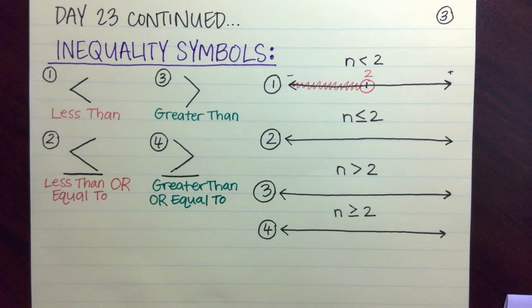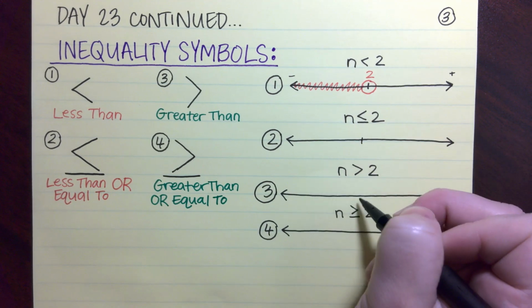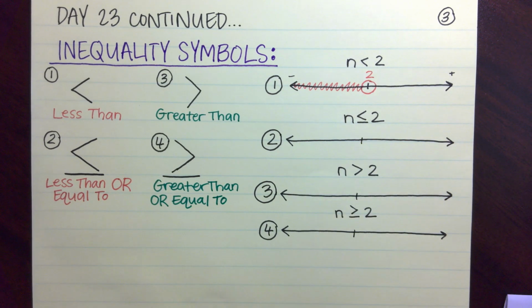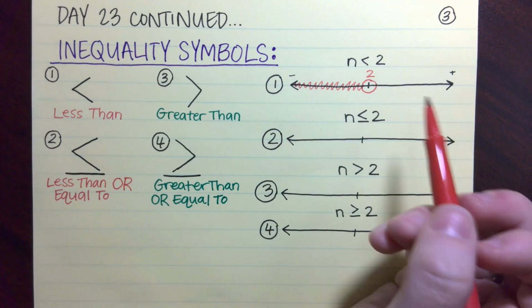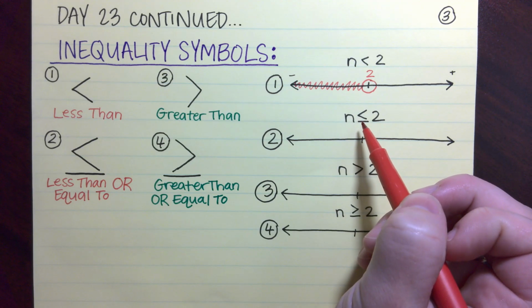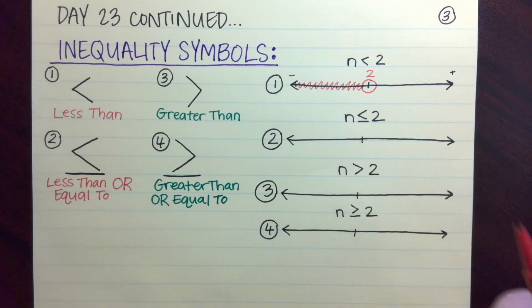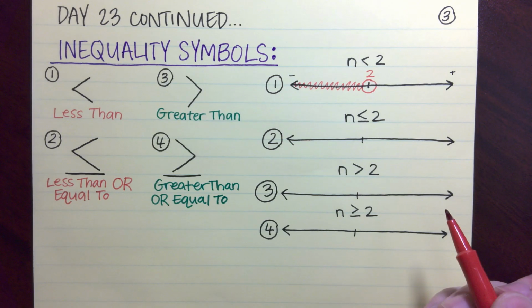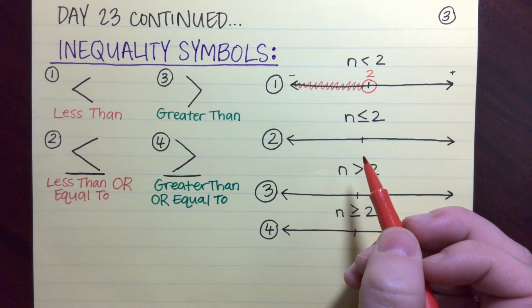Okay. Now we're going to see how we would graph our new symbol. I have n is less than or equal to 2. What do you think I should do first? I'll tell you, it's very similar to what we just did. There's only one tiny difference. What should I do first?